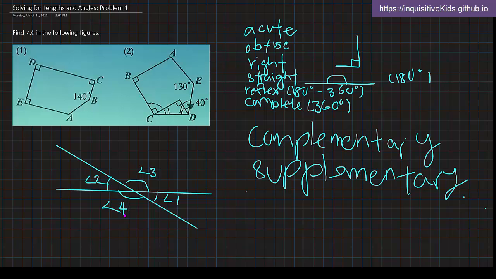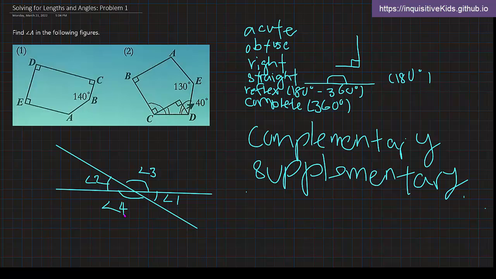So in this case, angle 1 is angle 2's opposite angle, and angle 3 and angle 4 are each other's opposite angle. And not just because they're opposite from each other, but also because they equal each other. Angle 2 equals angle 1 and angle 3 equals angle 4.